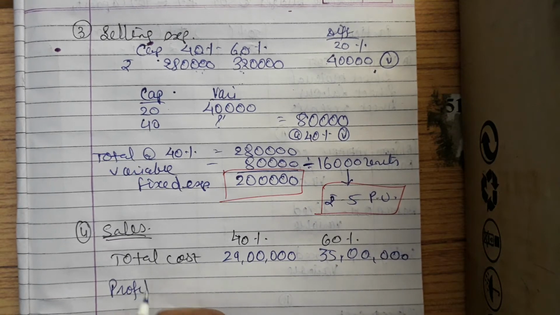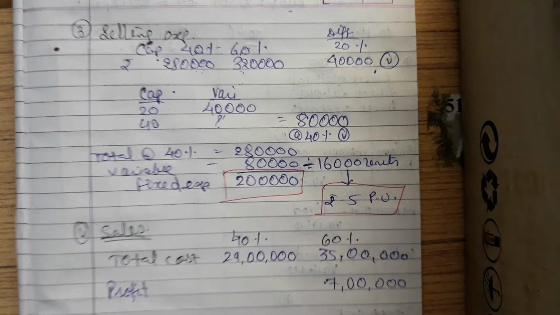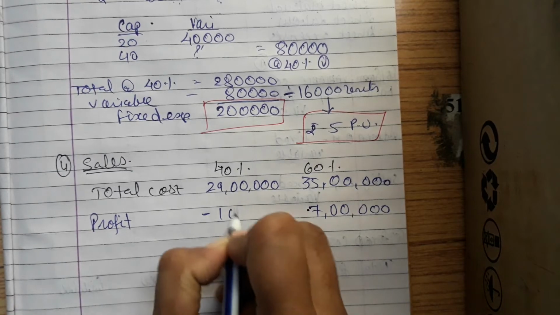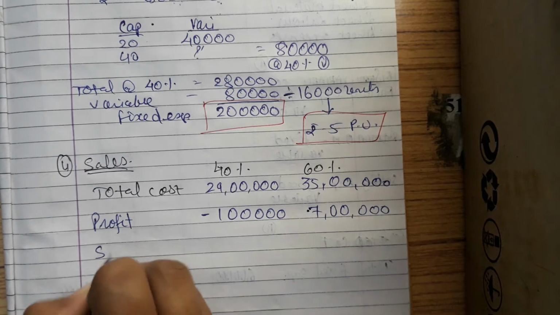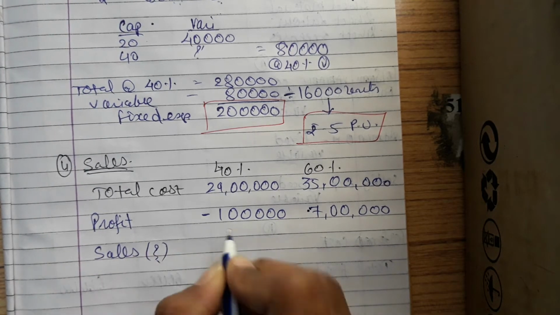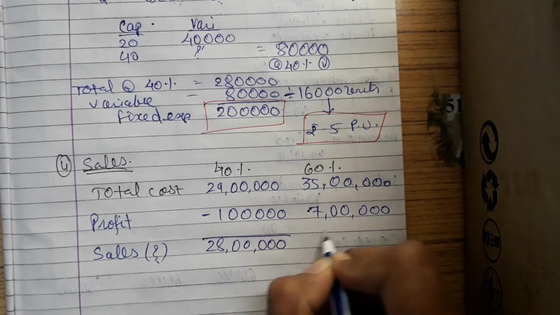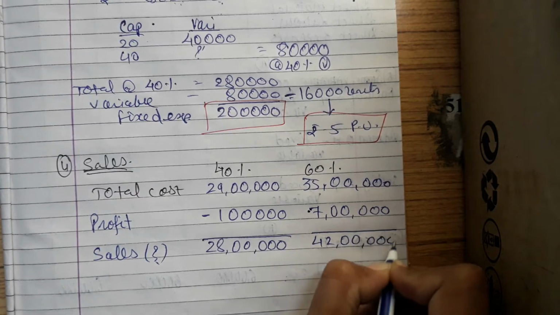Then profit or loss is given. At 60% there is a profit of rupees 7 lakhs and at 40% there is a loss of rupees 1 lakh, right? So my sales will be here 28 lakhs, and here the sales will be 42 lakhs.